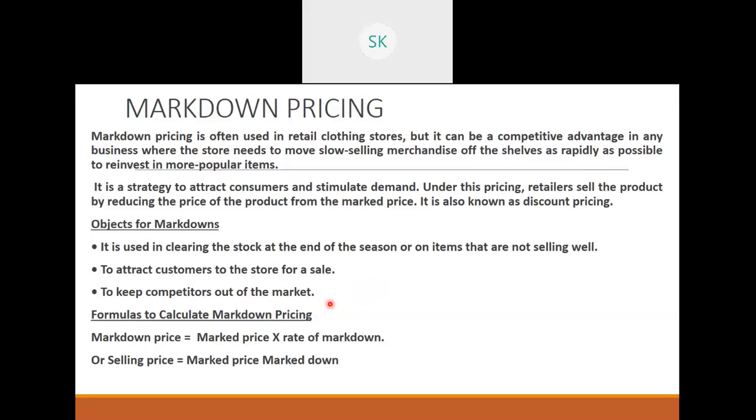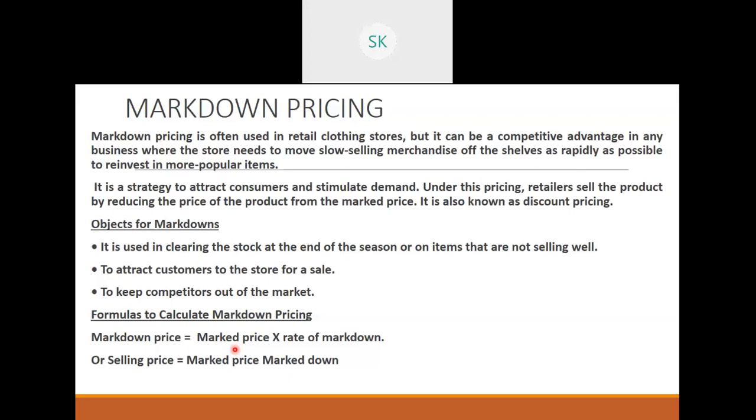There are simple formulas given here to calculate markdown pricing. How do they calculate markdown pricing? It is marked price into rate of markdown, where marked price is the MRP, my maximum retail price. Suppose I am selling a shirt at 600 rupees, and I am giving 50% discount.